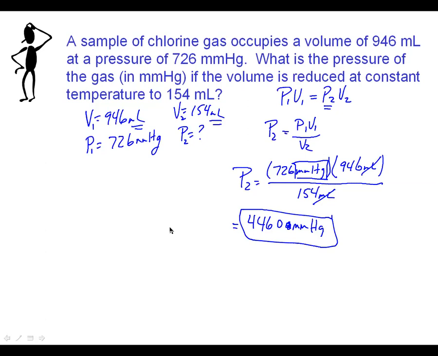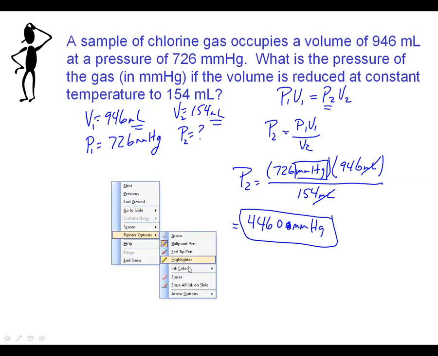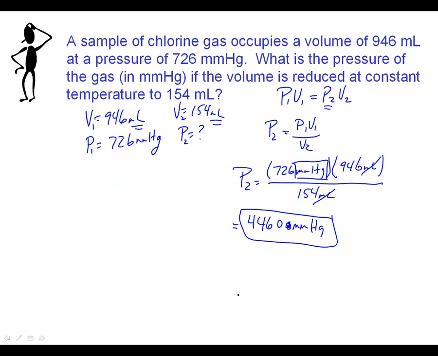Now, sometimes people do mess up in terms of flipping numbers around and stuff like that. So it is good to think about, does your answer make sense? If we think about what's happening here in terms of our volume, as we go from here to here, our volume is going down, which means we would expect our pressure to go up.